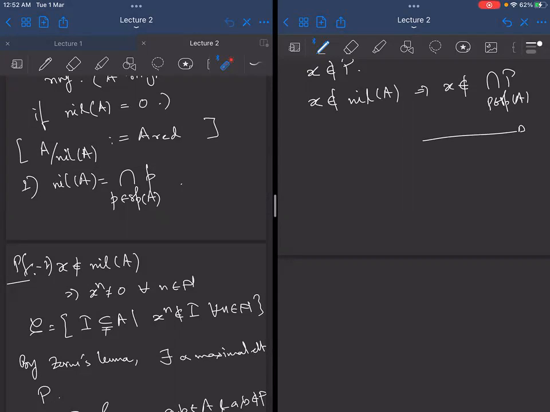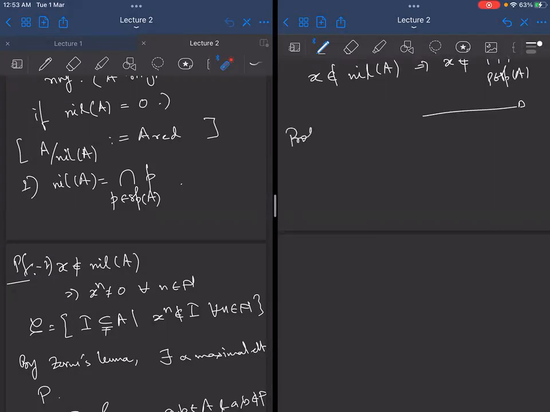Usually, by taking several examples of rings, you can see that the nilradical, in fact most of the time, differs from the set of all zero divisors. But what you can show is that the zero divisor set is always a union of prime ideals. So another proposition is the following: the set of all zero divisors of A is a union of prime ideals of A.